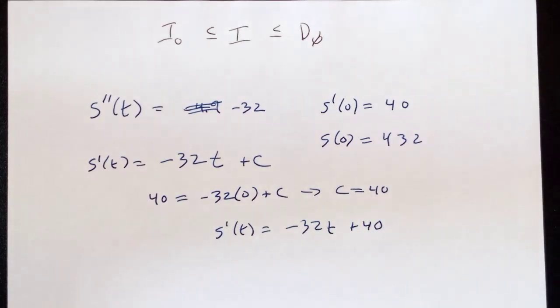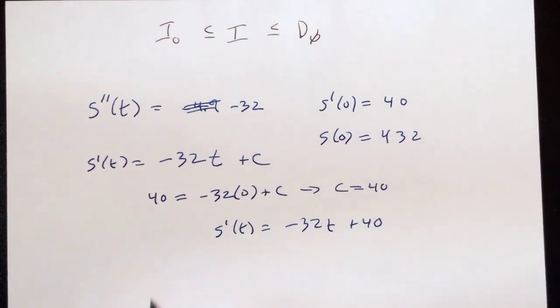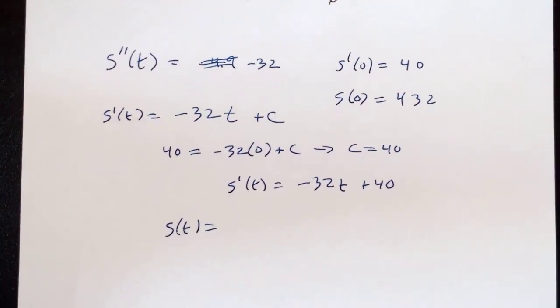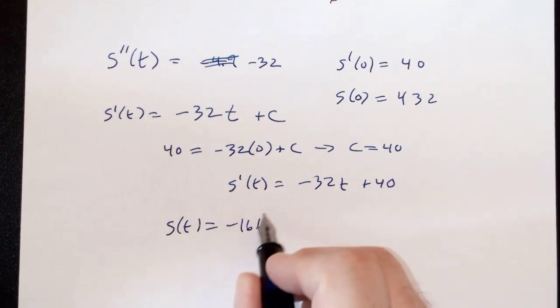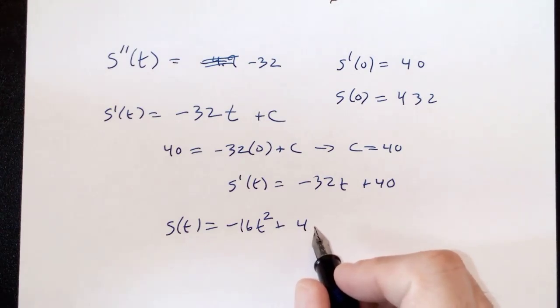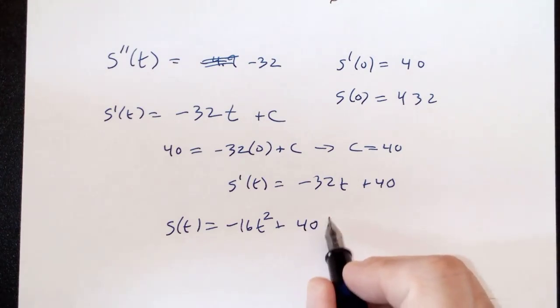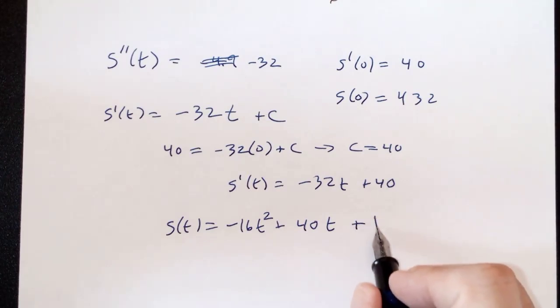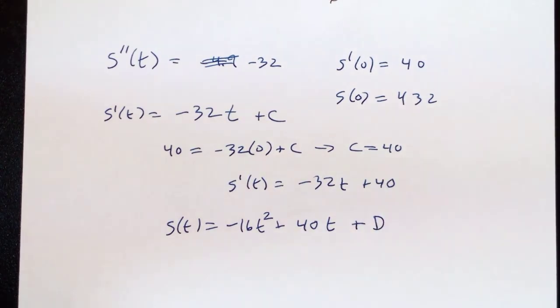And now I can solve for S. What's S of T? Well, I've got to go a step further. I'm integrating here, right? I have to remember that C is a constant, and when I integrate, I've got to put the T on that.